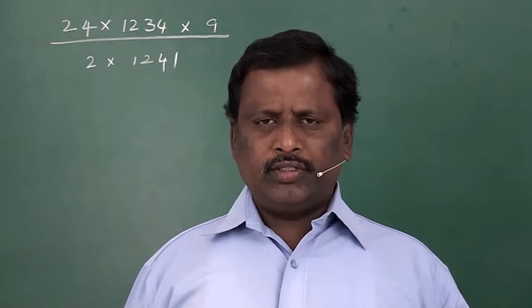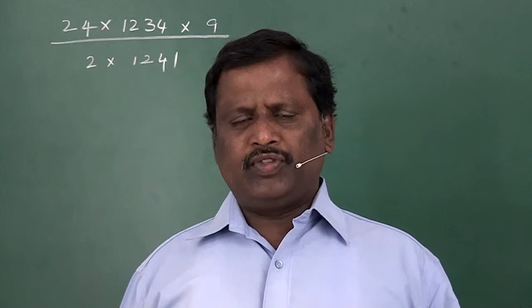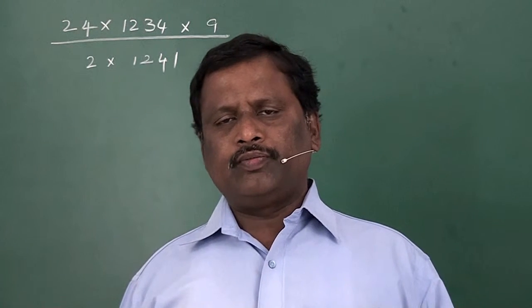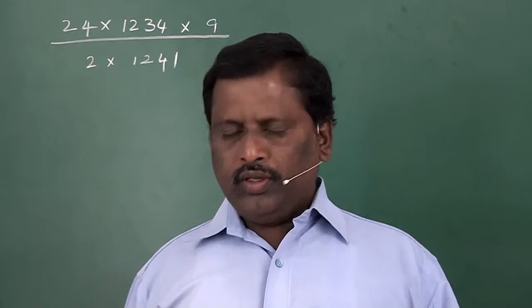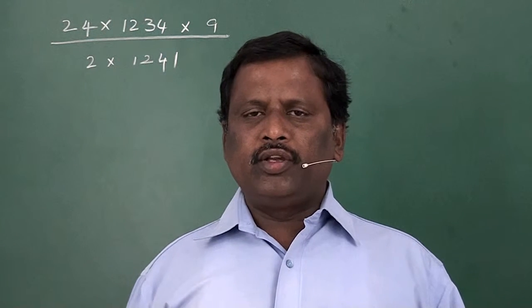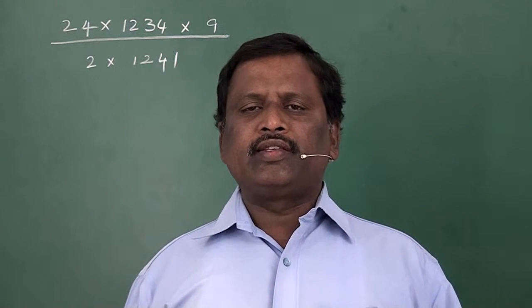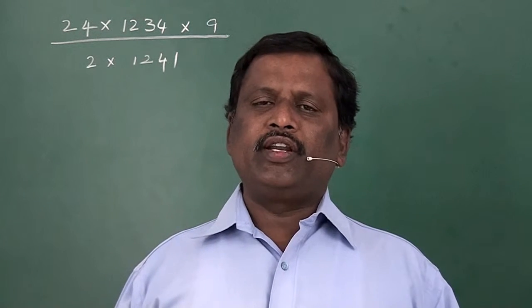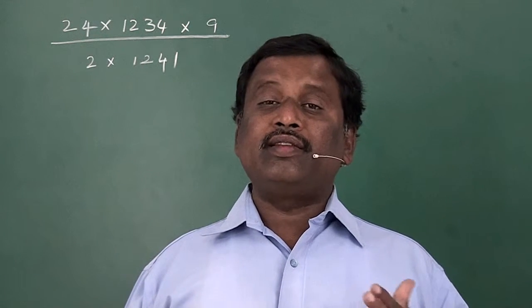In logarithmic tables, there are two types of tables. One is logarithmic tables and the other one is anti-logarithmic tables. You know, a into b, when turned into a logarithmic form, we can write it as log a plus log b. Or a by b can be written as log a minus log b.